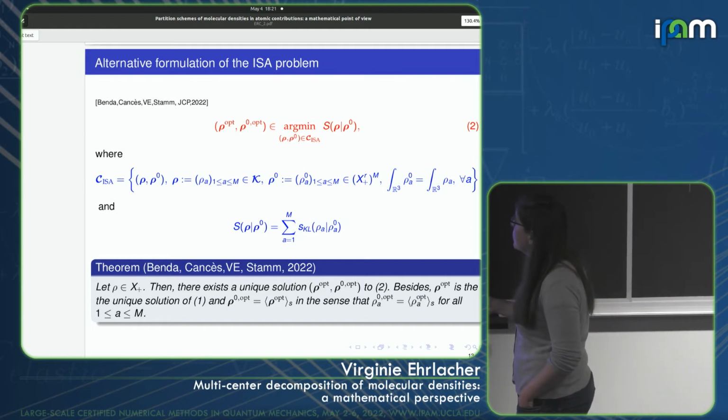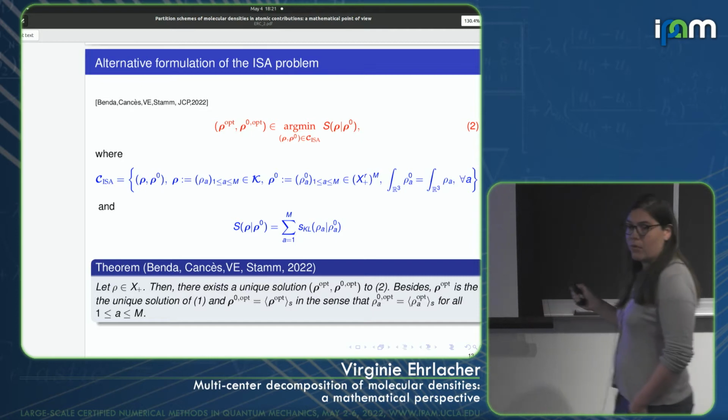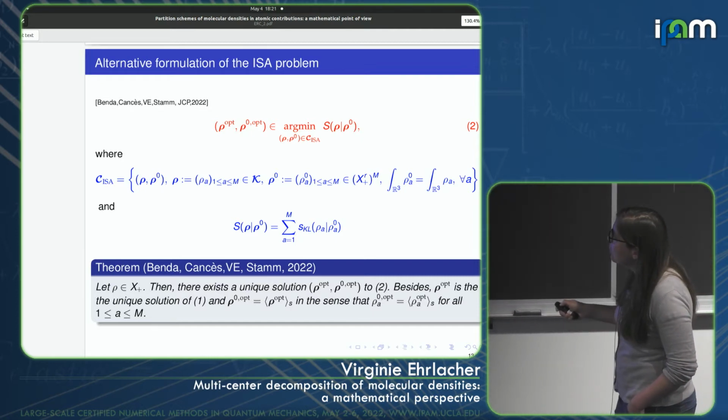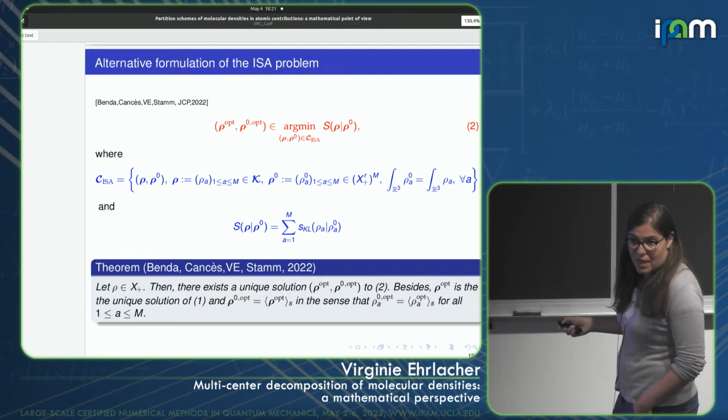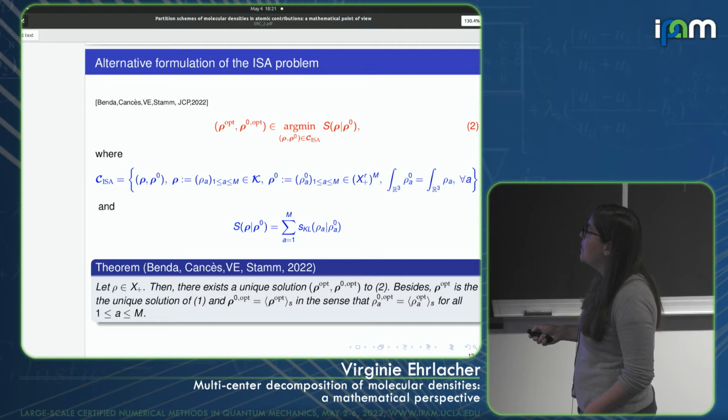So you have to satisfy this charge constraint between radially symmetric and non-radially symmetric functions. And the functional that appears here is just the same functional as before, except that you define it as the sum from A equal 1 to M of the Kullback-Leibler divergence of rho A with respect to rho A0.